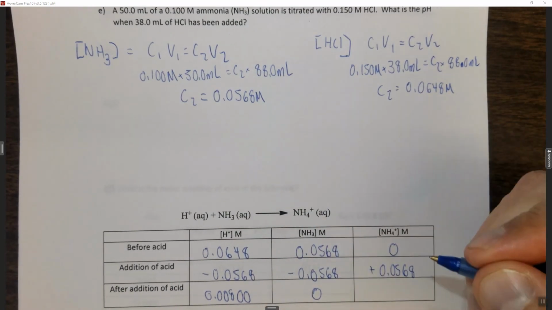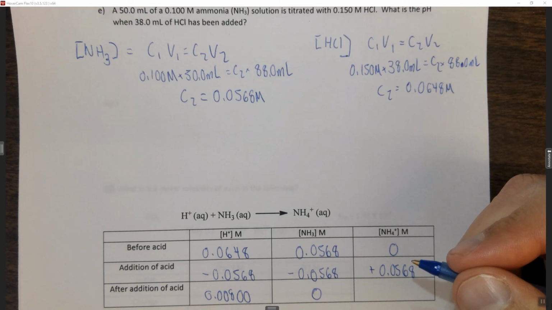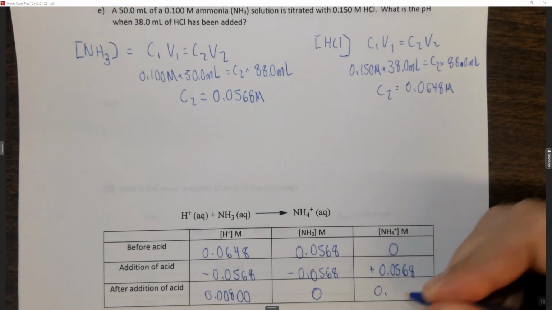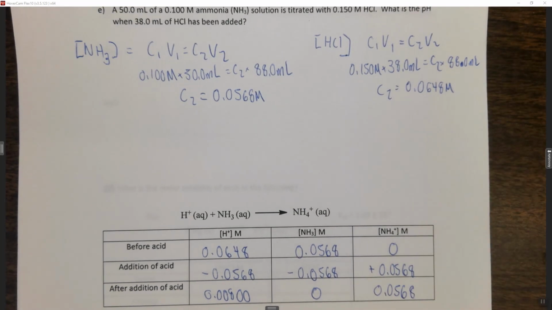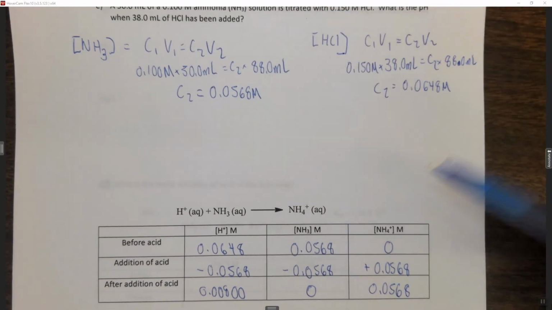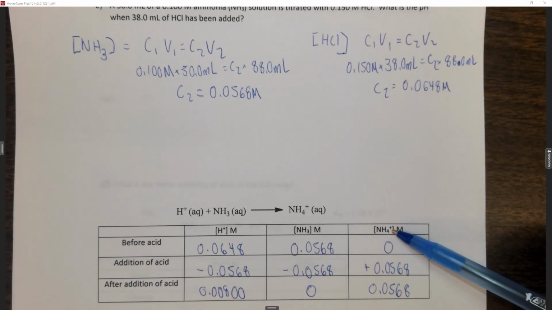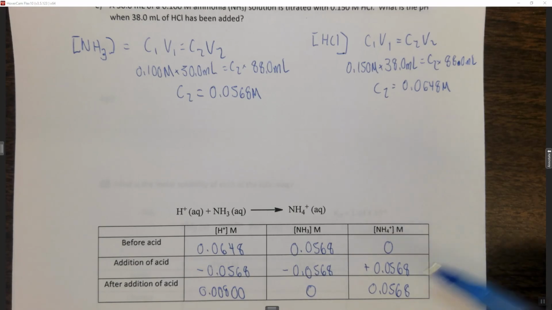We're going to have no NH3, and we're going to have 0.0568 molar NH4 plus.